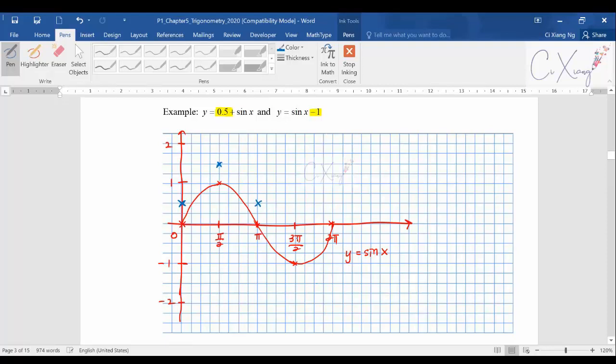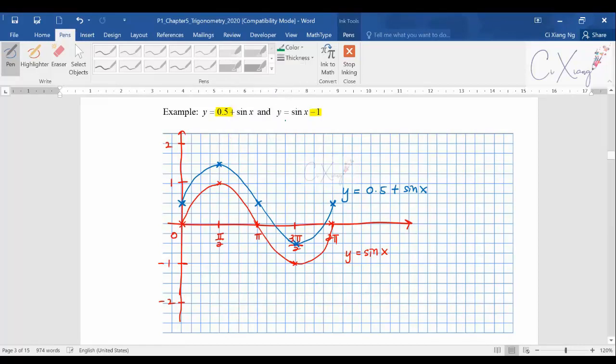So you plot 2 boxes above the original point, and then you join them together. If your graph is drawn nicely, you will see that the shape is exactly the same, just that the graph now becomes y equals 0.5 plus sine x. So you are moving it 0.5 units up.